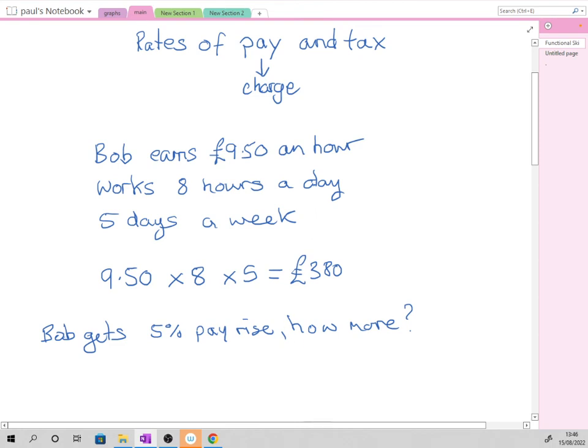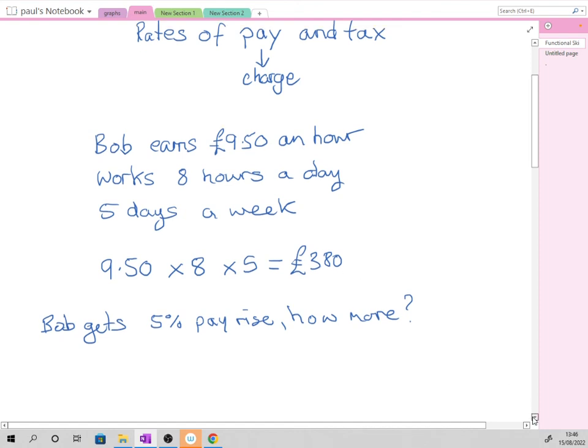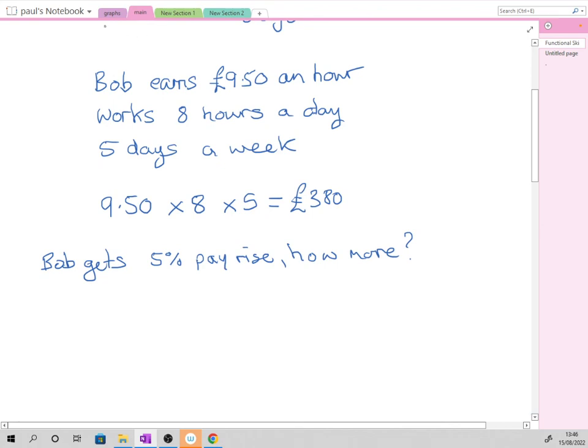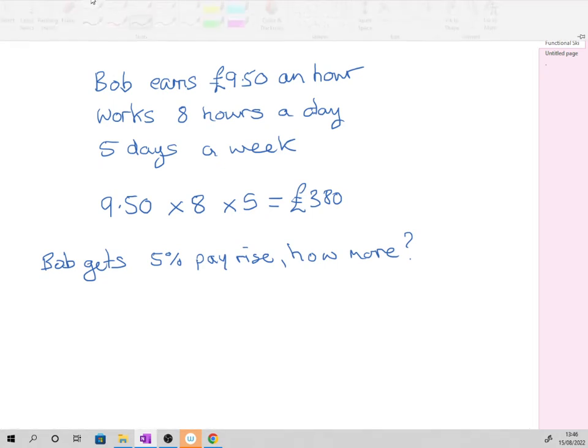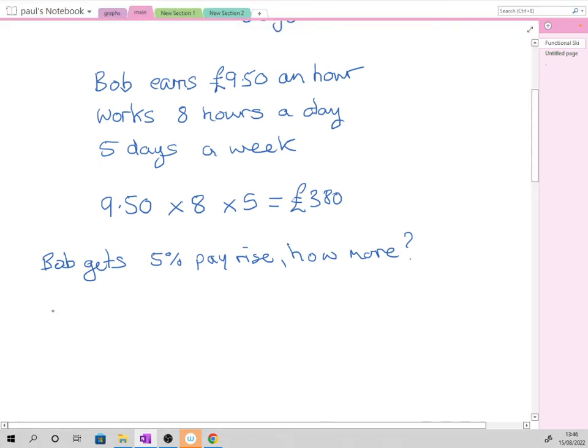So you could do £9.50 and find 5% of that and add it on, and then times it by 8 and times it by 5. Or you could just find 5% of the weekly pay. That would be the easier way, I think. I'll do both ways to see whether the answer is exactly the same.